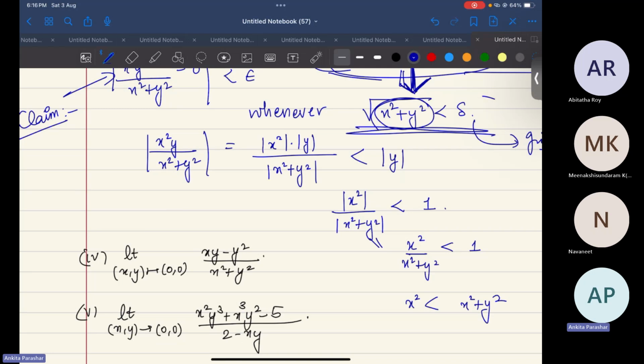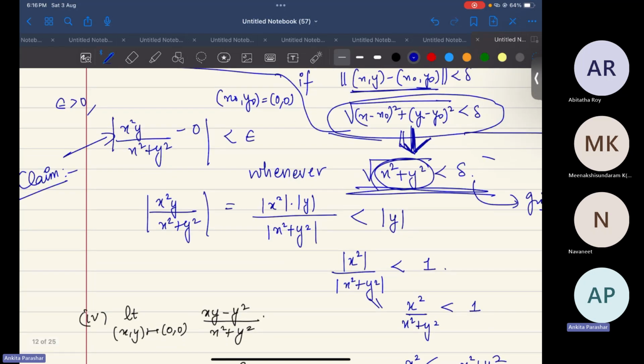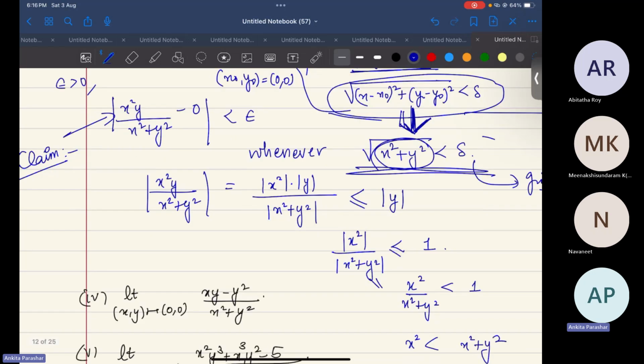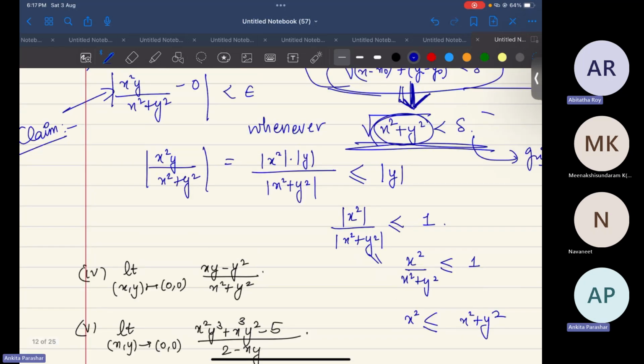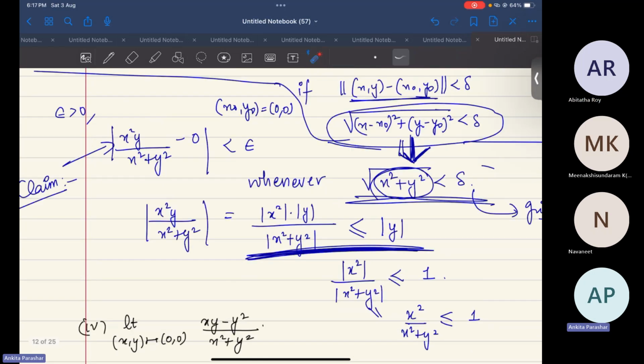It can be equal also, provided y is 0. But we are not assuming that. Or if you want to assume, we can assume that also. This is okay, right? Yes. And this is true. Now, can I use this fact? Let me highlight. Can we use this fact to say this is less than epsilon?